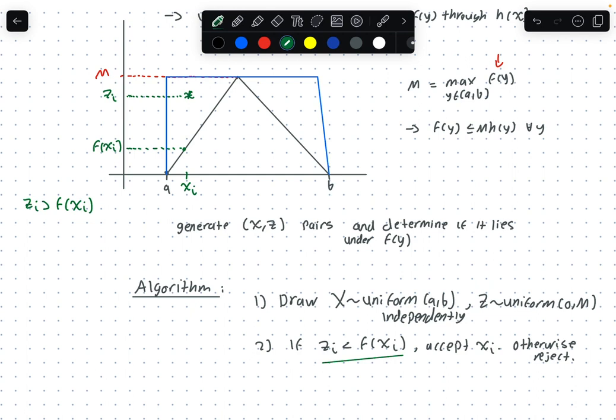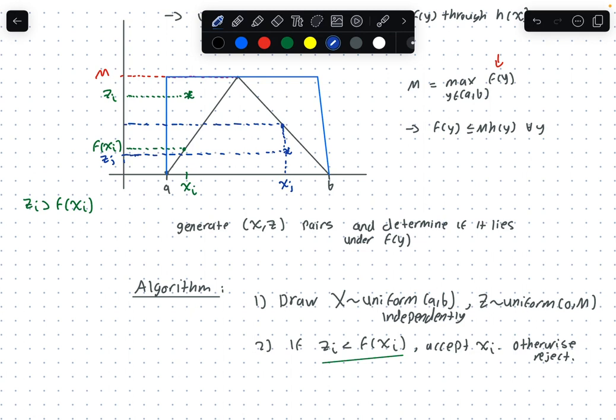Now, let's say that instead you were to simulate a pair that is this point over here. Well, in this case, z sub j is over here. X sub j is going to be this point, and its height is going to be about yay high.